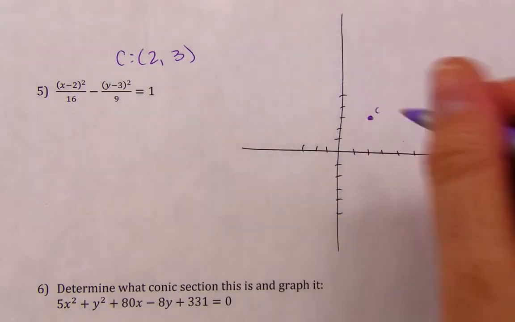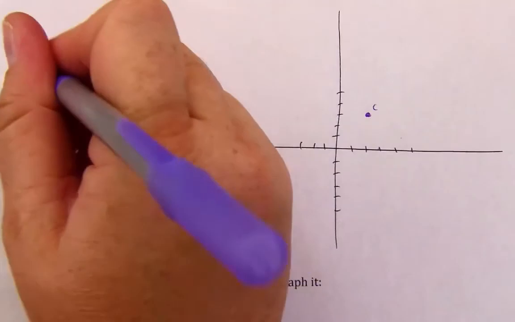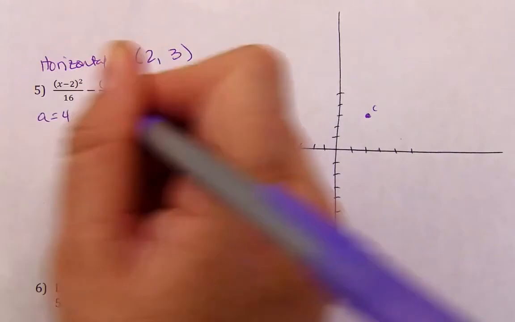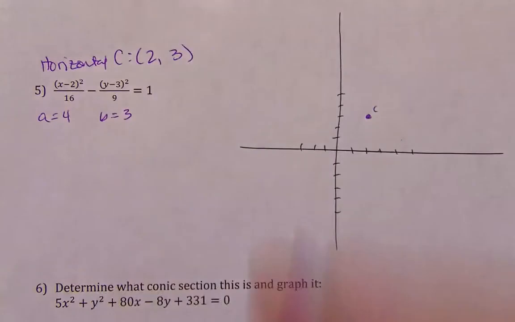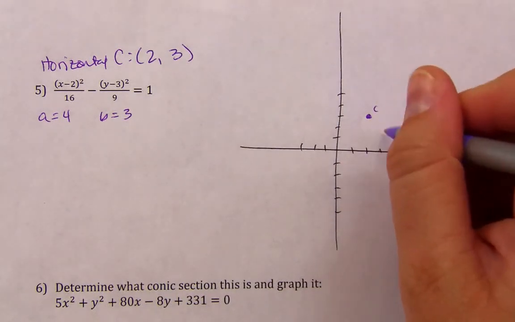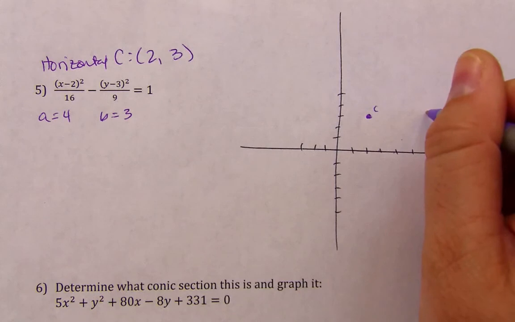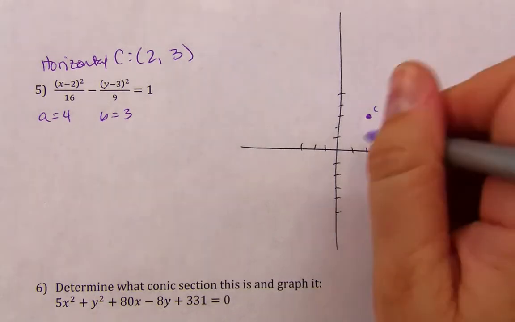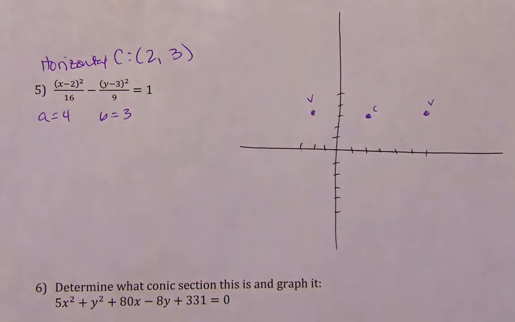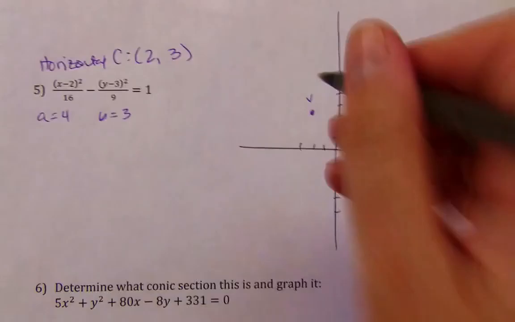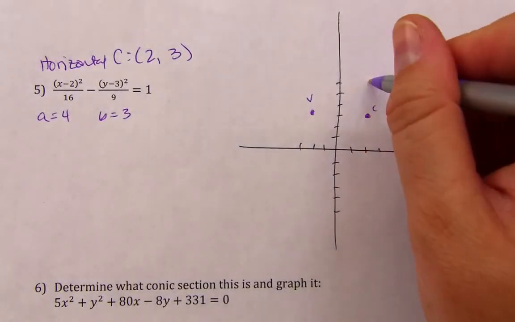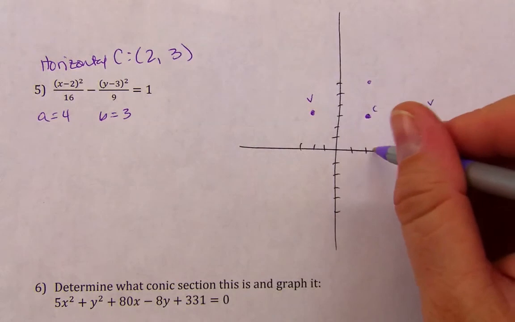Okay, that's our center. Our A value, this is a horizontal. Our A value is 4 and our B value is 3. So we're going out 4 each direction, to the right and to the left, over 1, 2, 3, 4. And over 4 this way. Those are our vertices. And then we can go up 3 and down 3 for our co-vertices, or these points that help us draw our box.